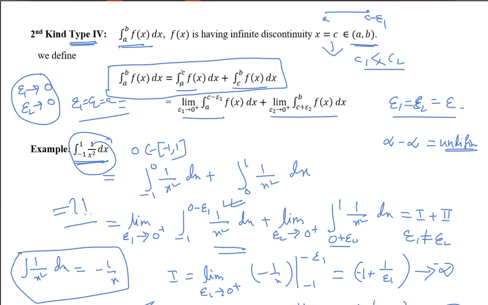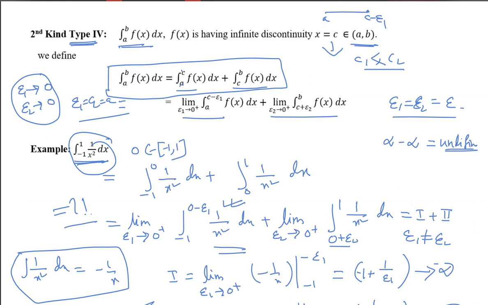We don't have convergence, but in some particular case, where I know that my two variables epsilon 1 and epsilon 2 are both equal and both tending to 0, the value will be this one. Under the restriction, we have this convergence value. If there is no restriction over it, we can say it is not convergent.